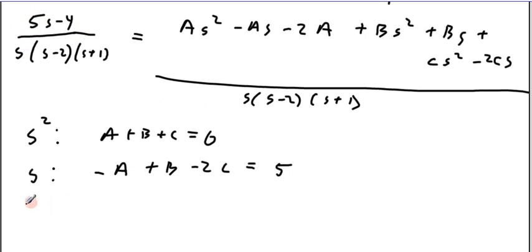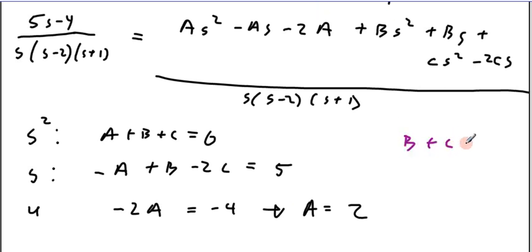That 5 sitting there. I look at the unit term, minus 2a has to be minus 4. This implies that a is equal to 2. All right, well, if a is equal to 2, then b plus c has to be minus 2, and b minus 2c has to be 7.